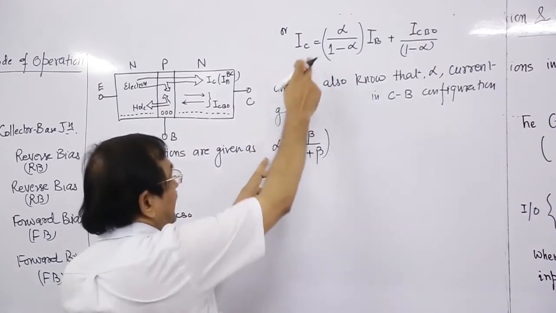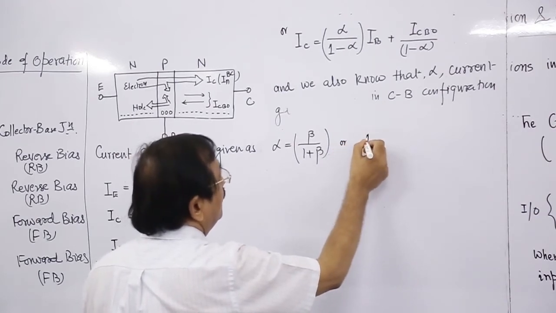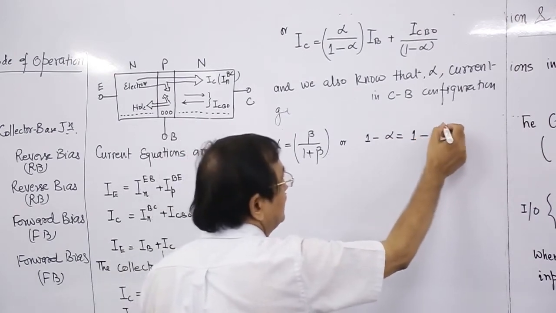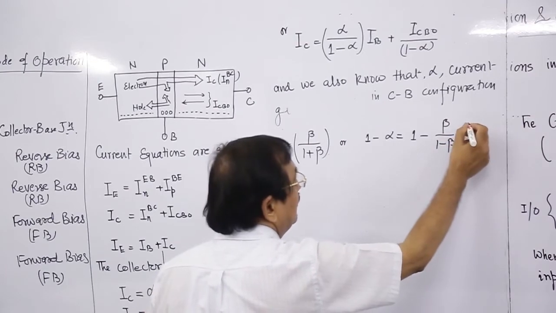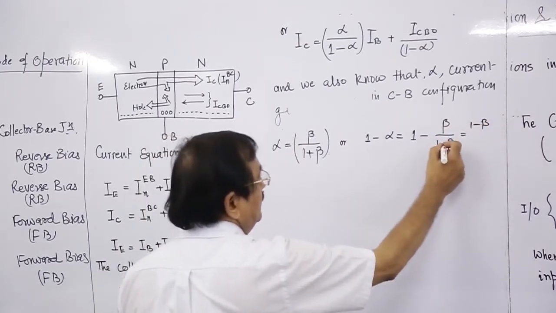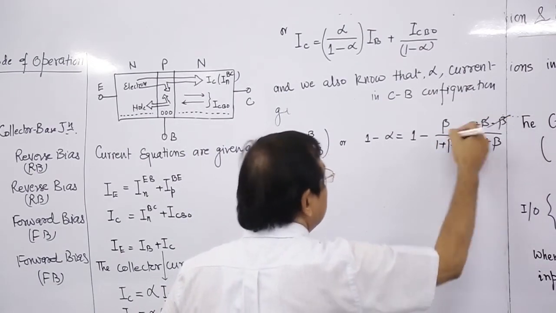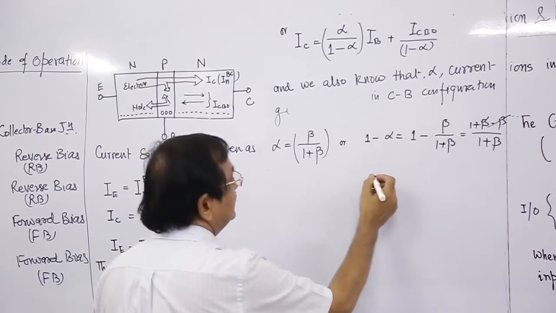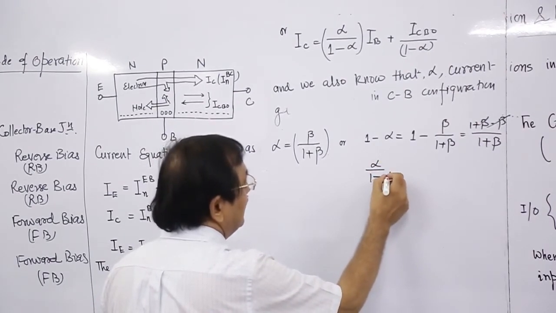So 1 minus alpha means 1 minus beta upon 1 plus beta, which is 1 upon 1 plus beta.